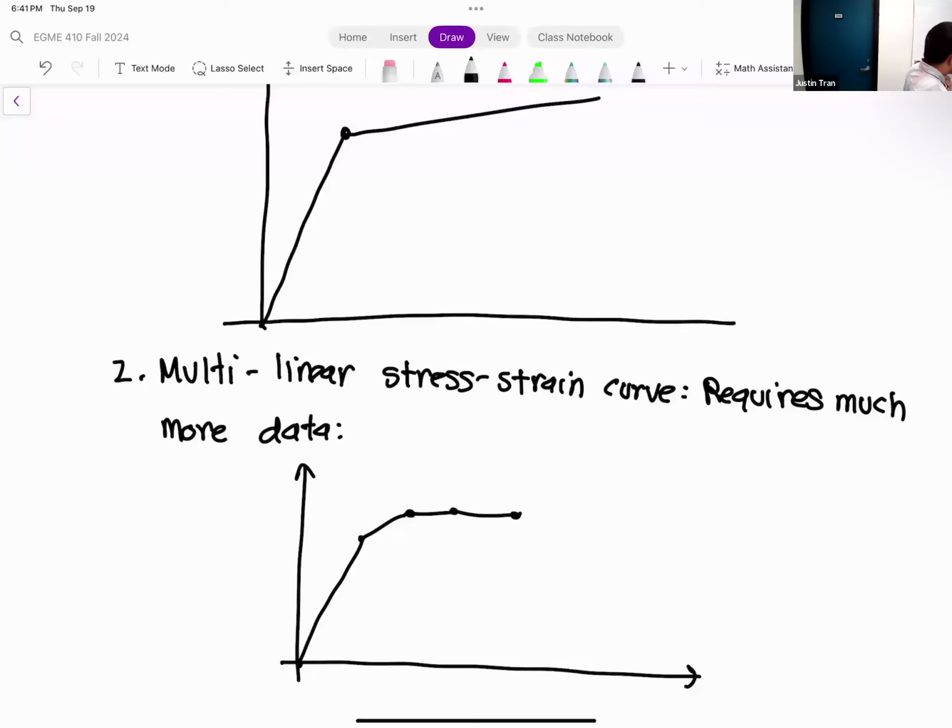One more thing, actually. The last thing I want to talk about today is, how do you even access plastic deformation? Because by default, plastic deformation is actually turned off in ANSYS.